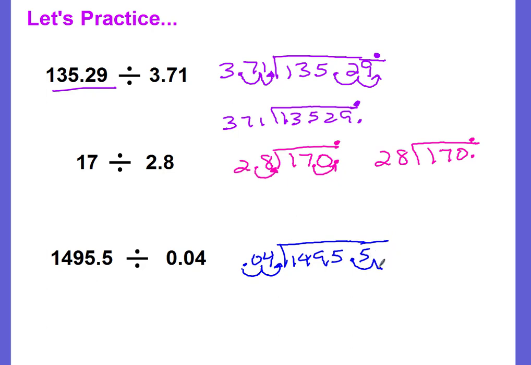Even though there's no other digits, we still have to move it 2 places. The new decimal goes here, bring it straight up, and in the hole we put a 0. So to write it nice and neat, the divisor is 4, and our dividend is going to be 149,550. The decimal point goes here, bring it straight up, and now you're ready to divide.